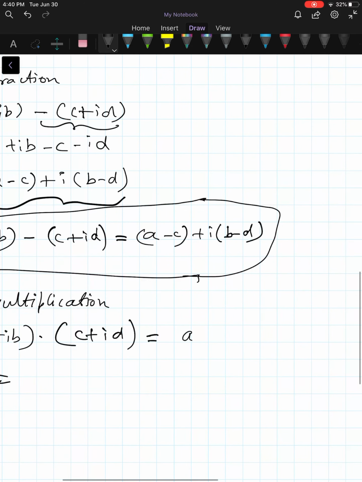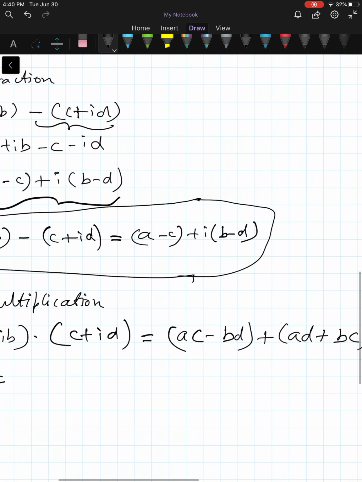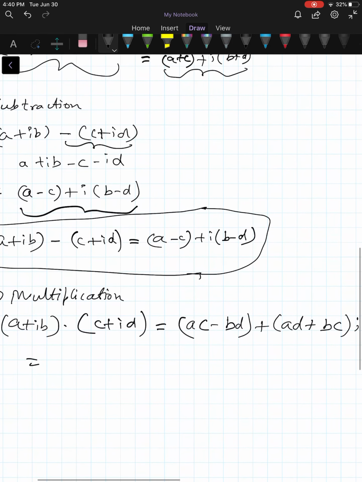The definition says ac minus bd plus (ad plus bc) times i. We will just multiply the given complex numbers using the FOIL method.